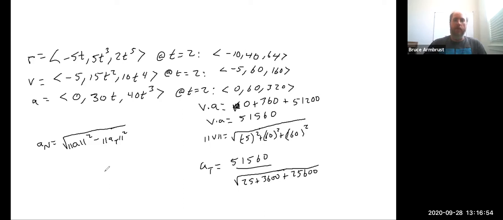If you know both magnitudes of A_T and A_N, then it is possible, but it's a little tricky because it gives you a system of equations as you try to find the various components. But if you know the entirety of the normal vector portion, you can just get its magnitude, divide out by that magnitude, and that would give you your N. Does that answer your question, Orion? Yep. Okay, cool.